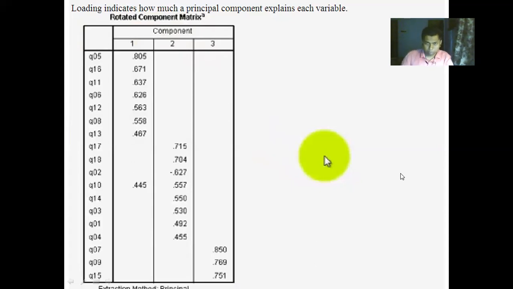When your intention is just to reduce the amount of data, then you can simply go for principal component analysis.